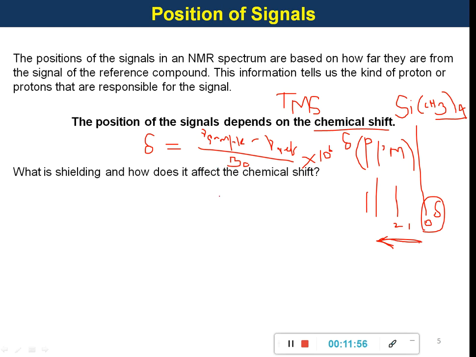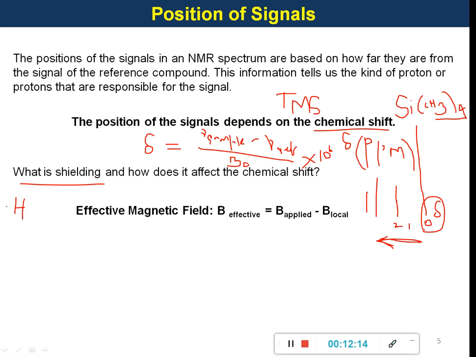So here you have to know the concept of shielding. Actually, whatever magnetic field we apply cannot be fully recognized by the proton because of the electrons that revolve around the nucleus.